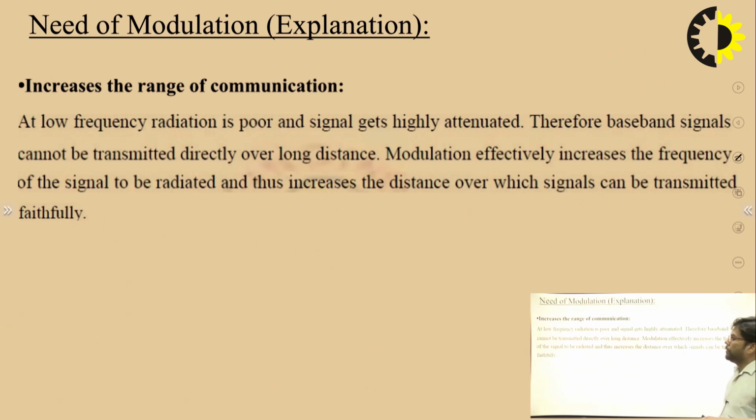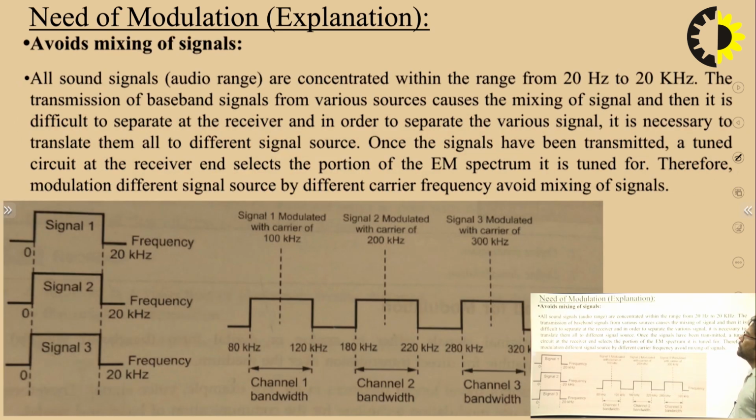Increase in the range of communication. We already know that low frequencies travel a small distance, while if you increase the frequency, it will travel a long distance, right? We already discussed this in the previous slide. The third advantage is avoiding mixing of signals.